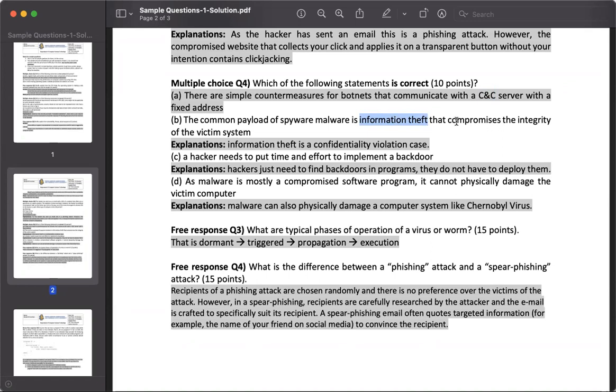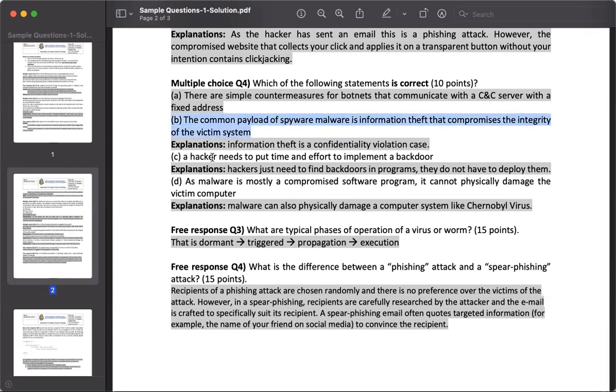That's correct, but that doesn't compromise integrity. That compromises your confidentiality, right? So here, as an outcome of a successful spyware attack, you are losing your confidentiality, not your integrity. That's why item B is not correct.